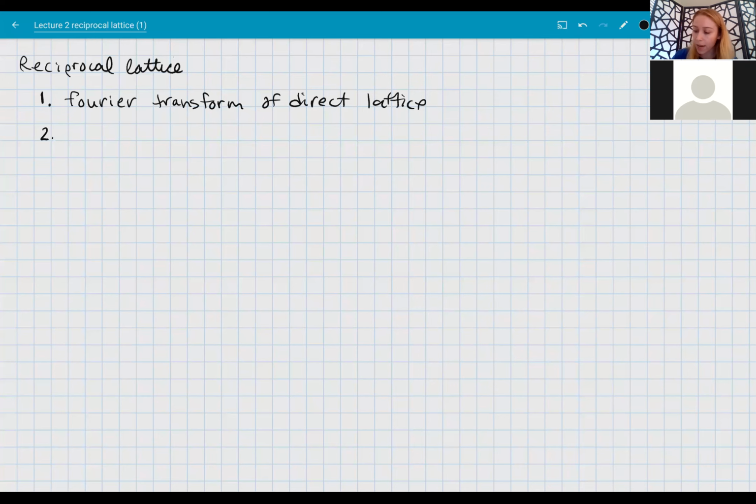And another way to think about what is going to be discussed in this mini lecture is it's going to be sort of a more formal version of Bragg's law. So as a reminder, Bragg's law is something that you might have seen in a freshman physics course, and it is this equation.